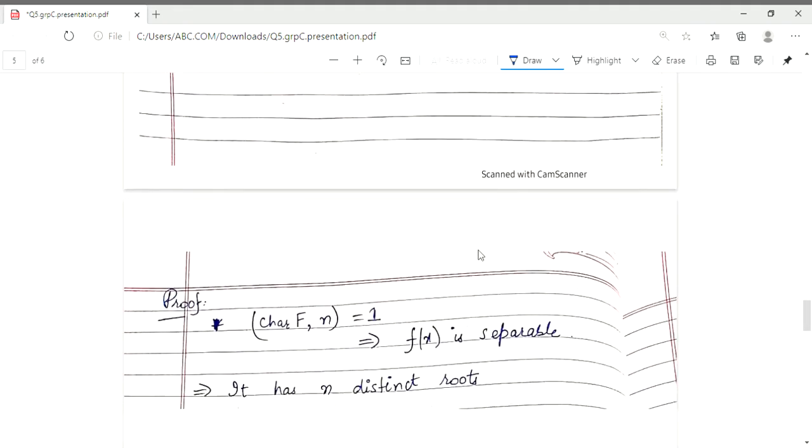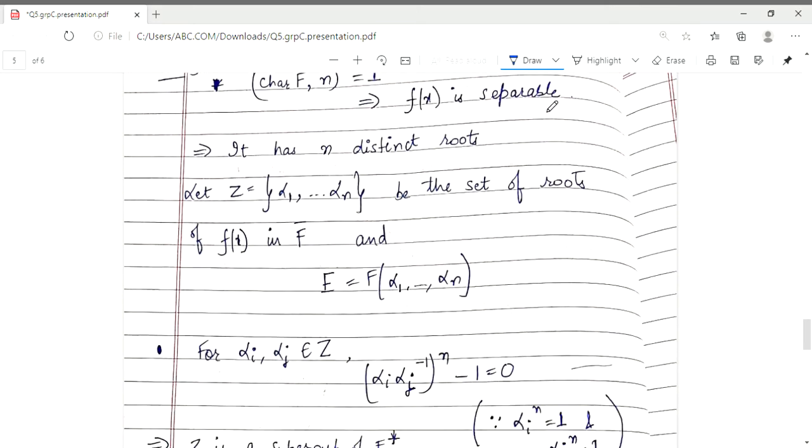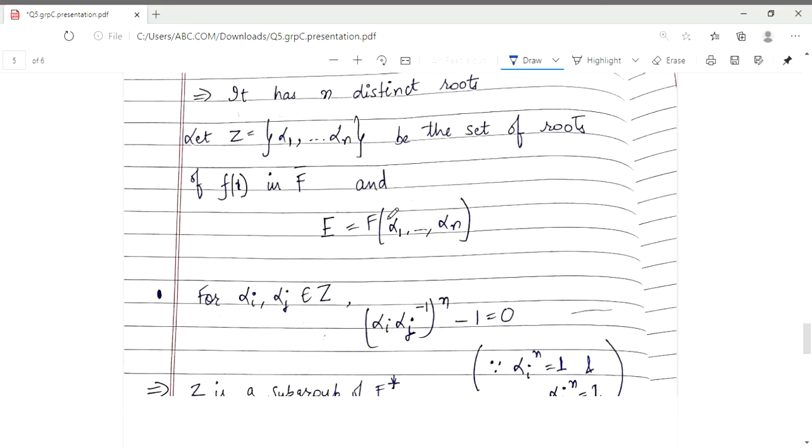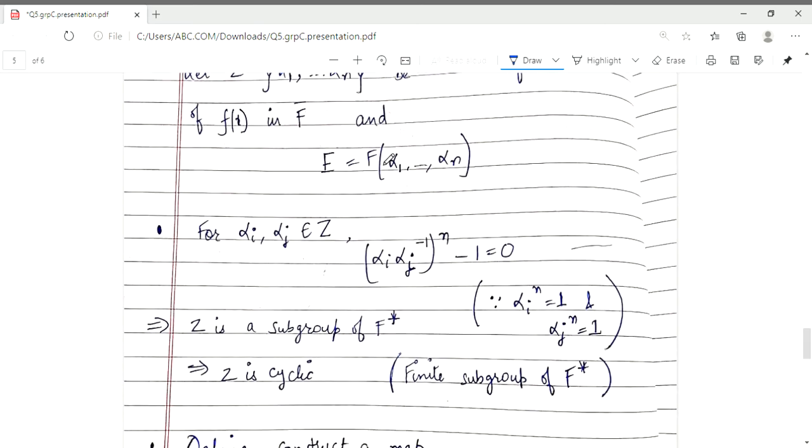Let's see the proof. Characteristic of F does not divide n. This would imply that f of x is separable. We saw that when we were recalling the definitions. And also this would imply that it has n distinct roots. Let Z, alpha 1 to alpha n, be the set of roots of f of x in F bar, and E is equal to F(alpha 1, ..., alpha n).